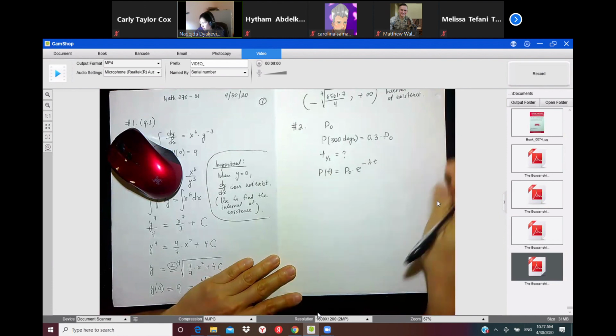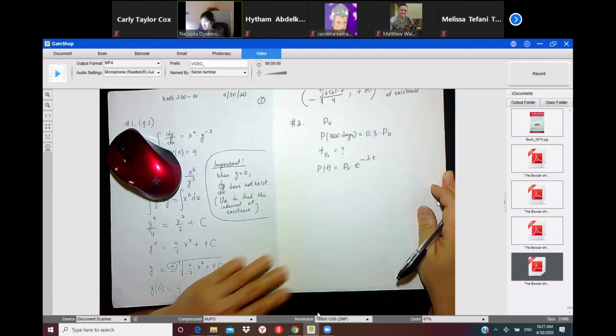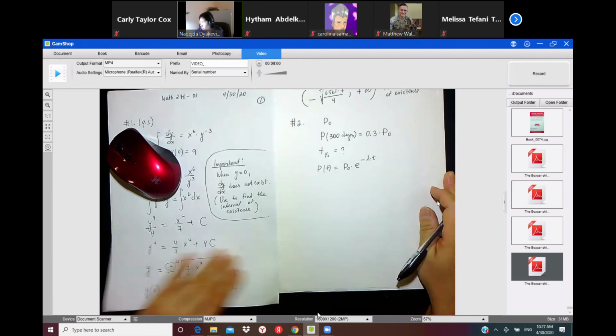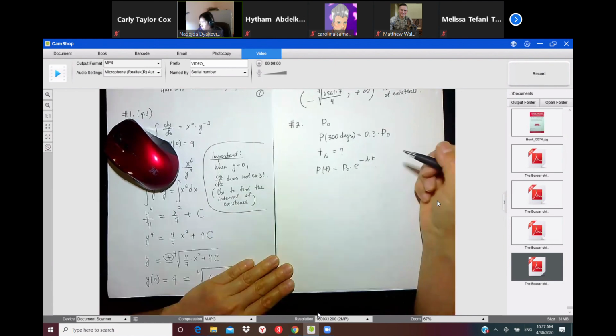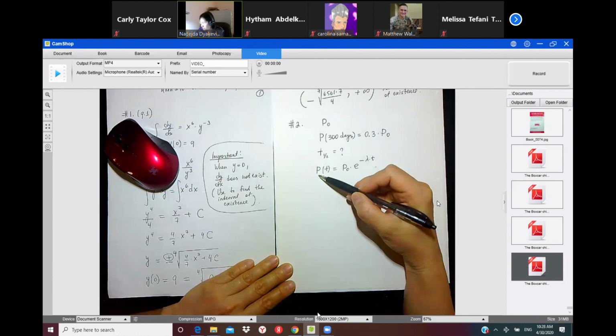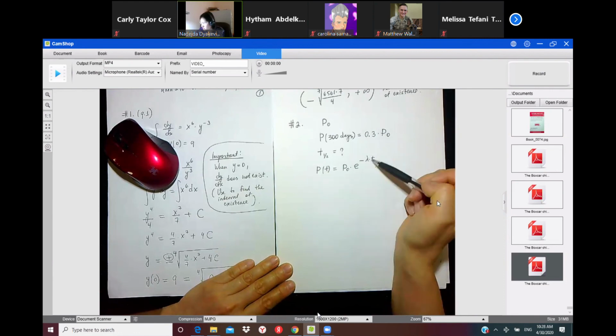I already derived this some time ago when we discussed radioactive decay. Again, this one I remember, but I would probably put it on the index card if I had to take a test. So I'm going to plug in this number of days, and see what is lambda.